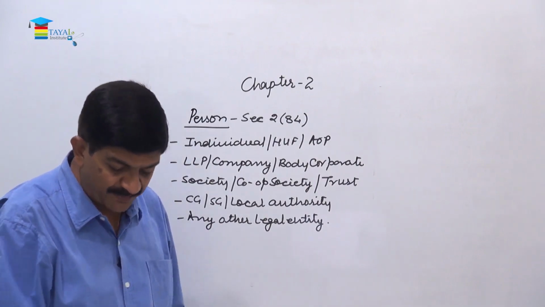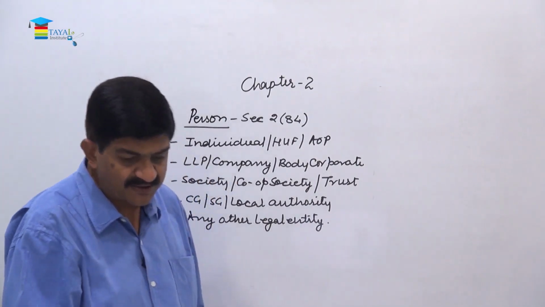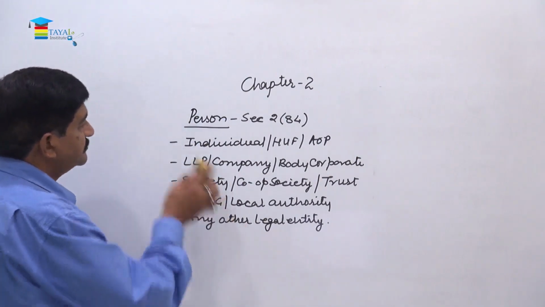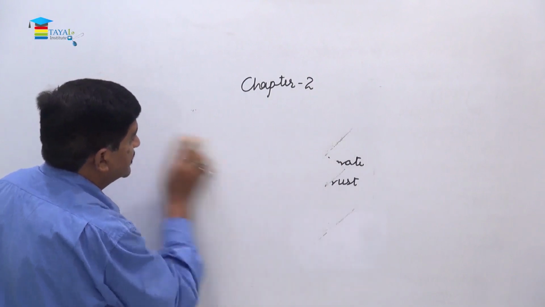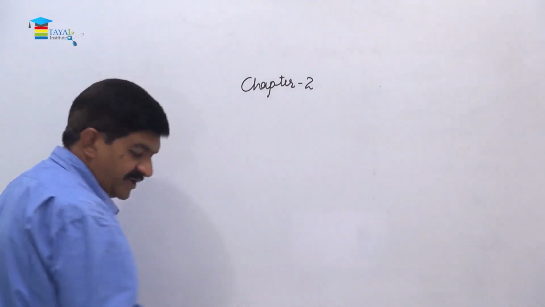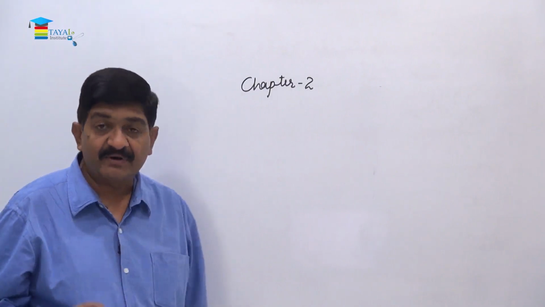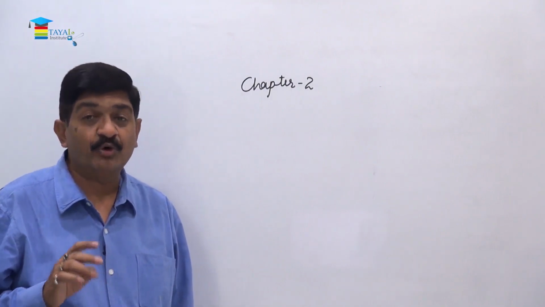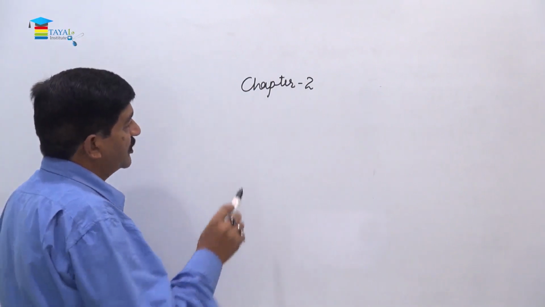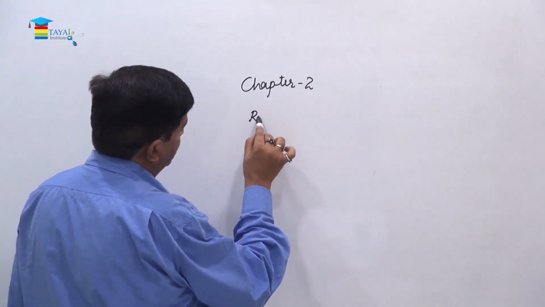Now, who is a recipient? The term recipient is defined under section 2 subsection 93. The term recipient is also required to be defined clearly because it is relevant to who will be liable to pay tax and what will be the place of supply.